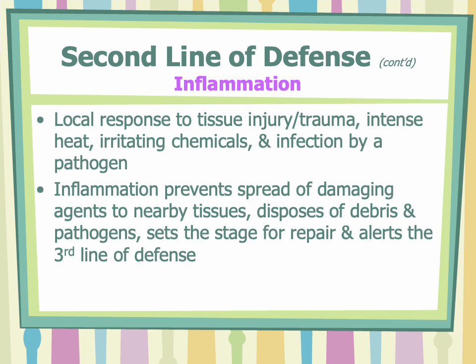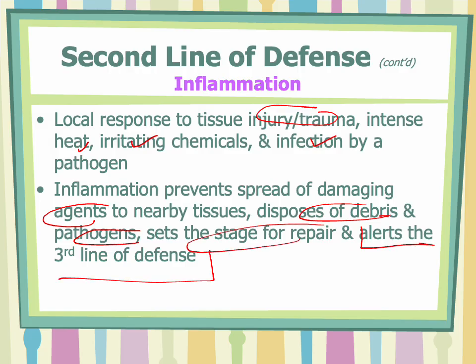So inflammation is the response to injury, heat, irritation by chemicals, or infection by a pathogen, and what it does is prevent spreading of that damaging agent to nearby tissues. It disposes of debris and pathogens, sets the stage for repair, and also alerts that something is going on in that portion of our body.